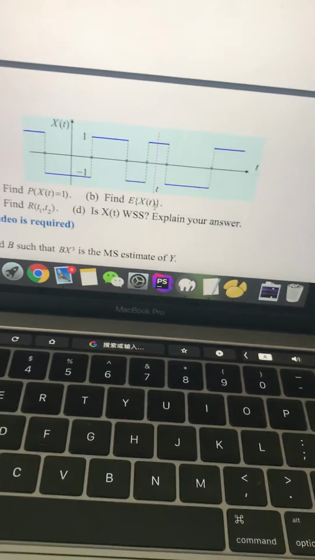And the next question is to find R(t1, t2).